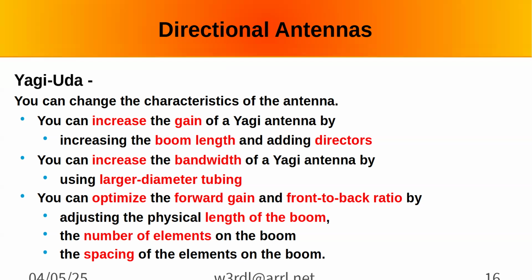If you play with the number of elements and their spacing, and the total length of the boom, you can optimize forward gain versus front to back ratio and the side lobes. So there's all kinds of modeling you can do if you want to customize a Yagi for a specific purpose. Most of the time, if you build one, you're just going to look on the internet, find some formula that tells you what length to cut all the elements and what spacing, and go with that.